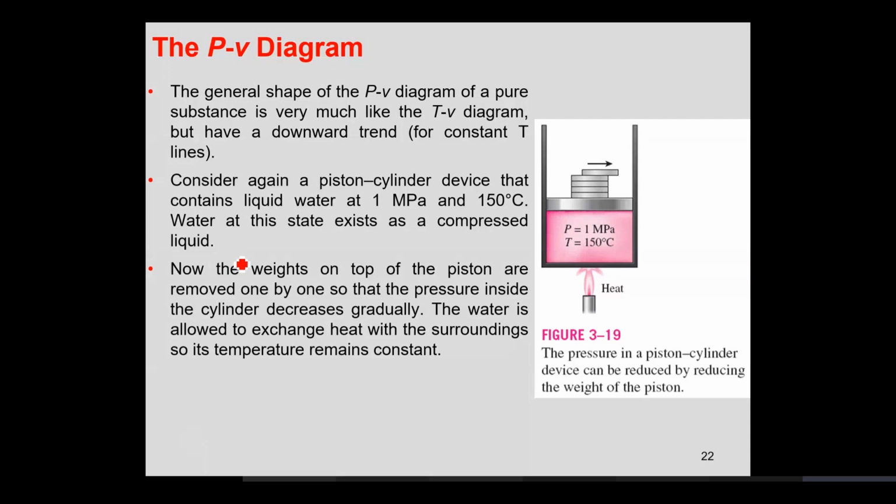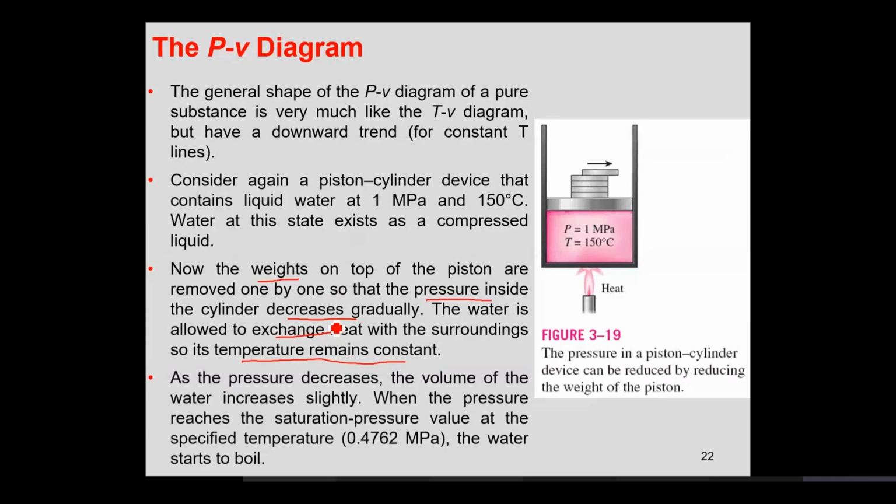So how are you decreasing the pressure? You're removing the weights from the piston one by one, which results in a decrease in pressure inside the cylinder. As a result, the piston expands, and the temperature which decreases is made up by the heat exchange from the surroundings, which keeps the temperature constant.